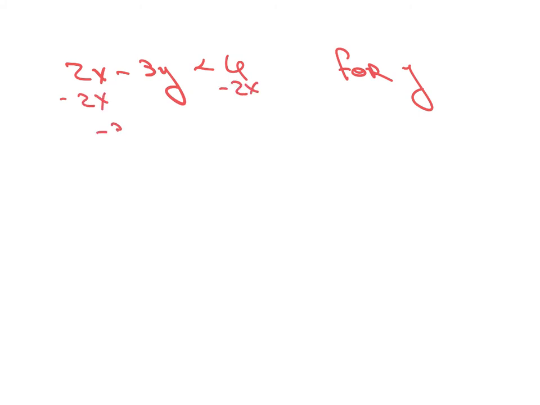So I get negative 3y is less than 6 minus 2x, or negative 2x plus 6, either way. Now I'm going to divide both sides by a negative 3. Because I divided both sides by negative 3, this switches around.